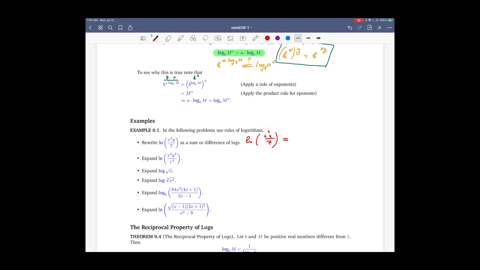We must have x to the 4th times y greater than 0. Provided that, we can write the given logarithm as ln of x to the power 4 times y minus ln 7. That is the quotient rule.